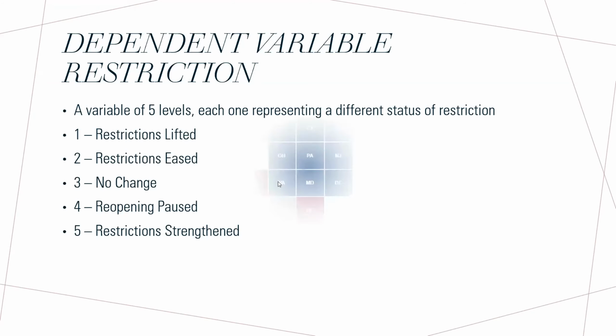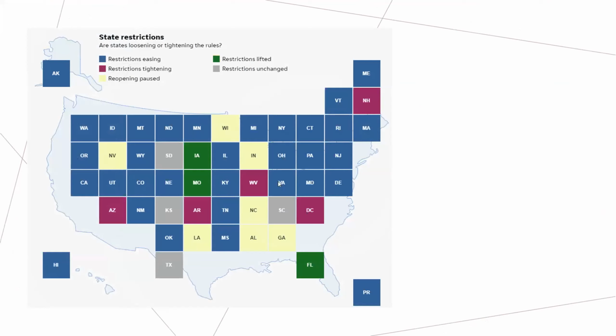And this data came from USA Today. They have an article that updates pretty much daily or weekly on the restrictions. So this is based off February 20th, 2021, as that's the week I focused on, February 14th through the 20th. As you can see, the blue is level 2, restrictions are easing.